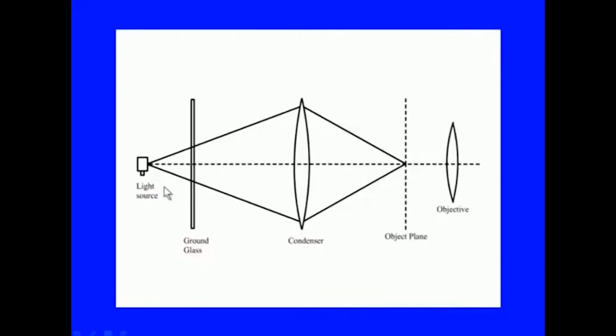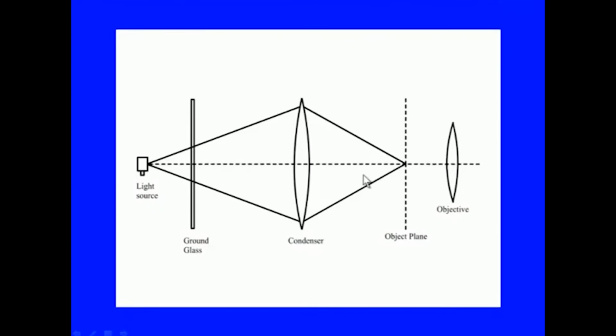Now, this is a very simple schematic diagram to show critical illumination. A simple light source will be illuminating the object, and the condenser will focus the light in a very small cone of area. Stray light has to be avoided through different apertures or diaphragms placed at different sites, and a very small cone of light will illuminate the object at the object plane.